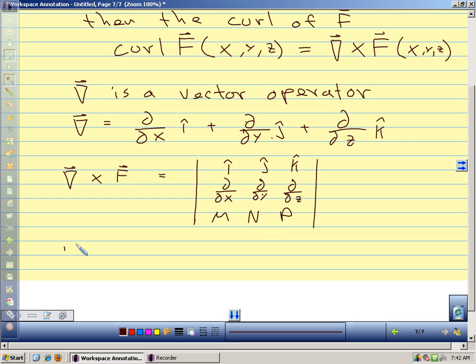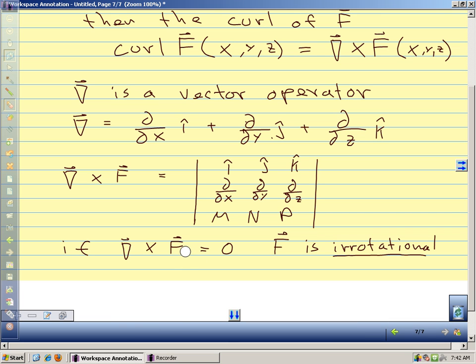And we say that if del cross F equals 0, we call F irrotational. And we're going to have to wait until almost the very end of the chapter to give a physical interpretation to the curl.